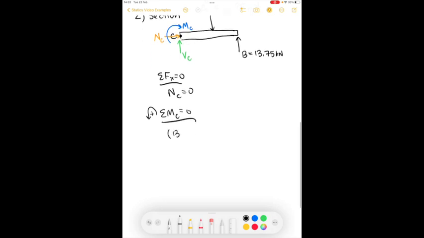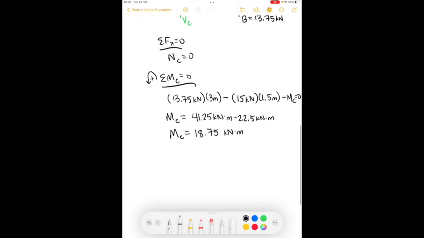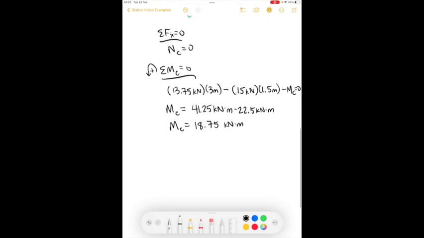So B causes a positive moment. And we can use this to solve for the moment C. We find that the bending moment at point C is 18.75 kilonewton meters.